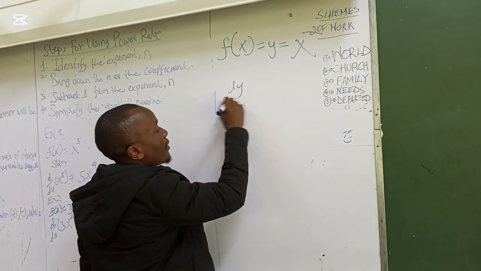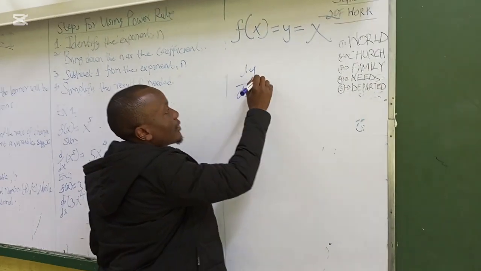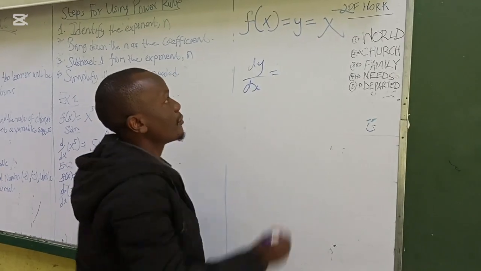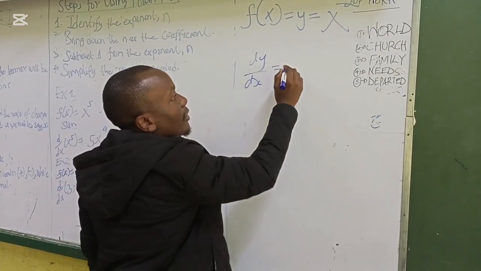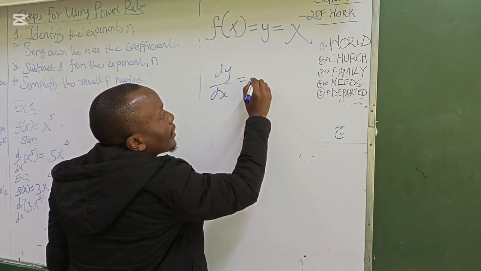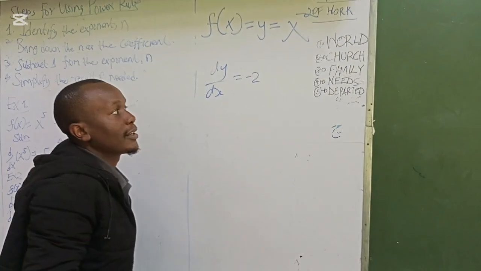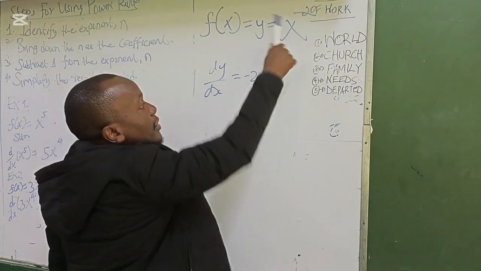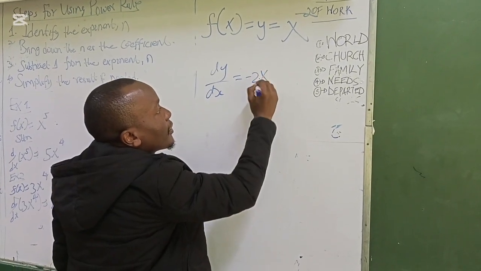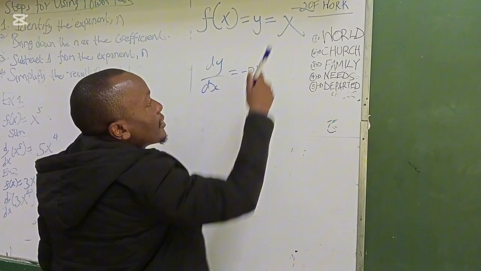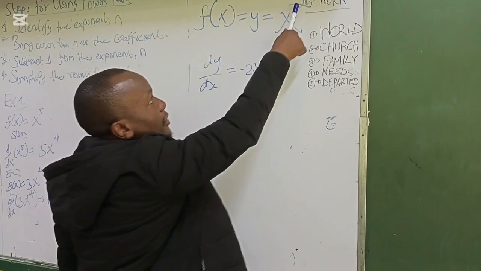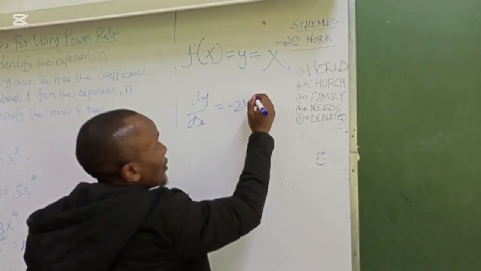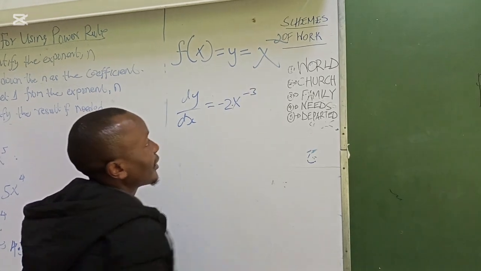So dy over dx equals, pick your exponent, negative 2, bring it down, then x, and initially it was negative 2, so it will be negative 3.